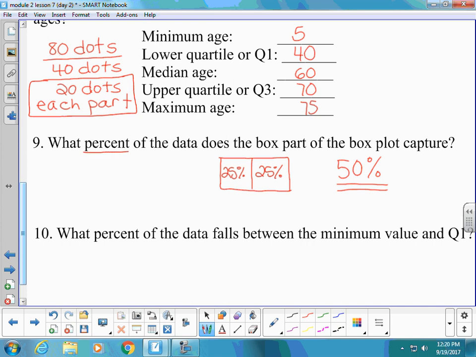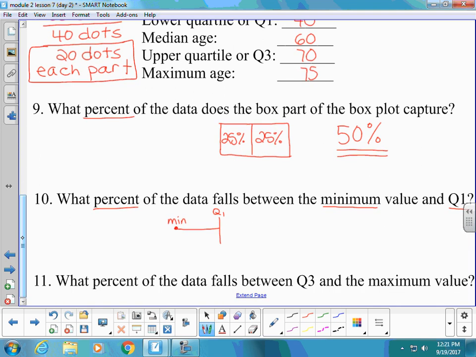Okay, again, this is asking for percent. Excuse me. Question 10 says, what percent of the data falls between the minimum value and Q1? Well, here's the minimum value, and Q1 is where this line is.